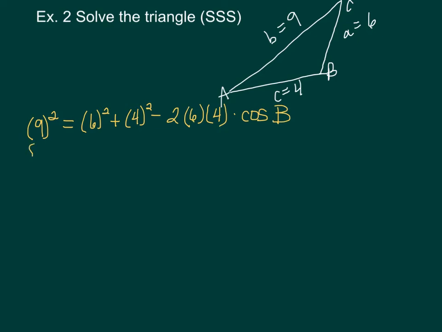Alright, so I'm going to work this out. This is 81 equals, that's 36 plus 16, and that would give us 52 minus, and that is 24 times 2, 48 times cosine B. Alright, to solve for B, I have to subtract 52 from both sides.